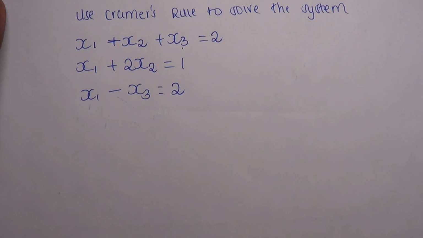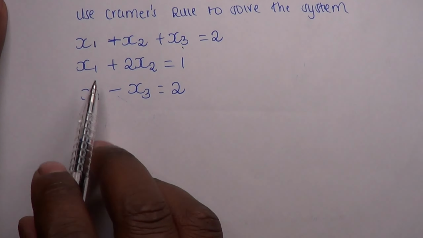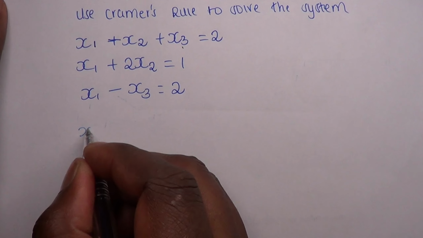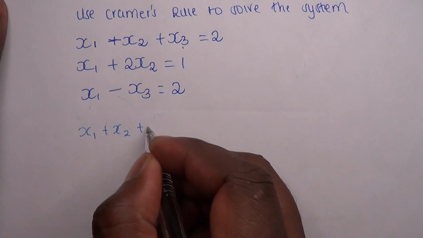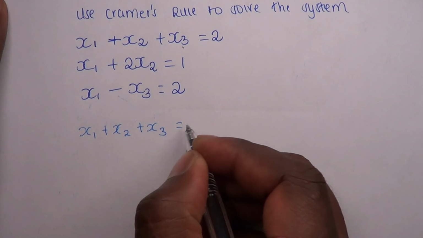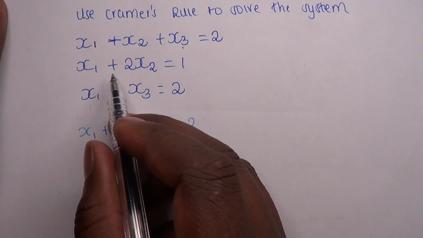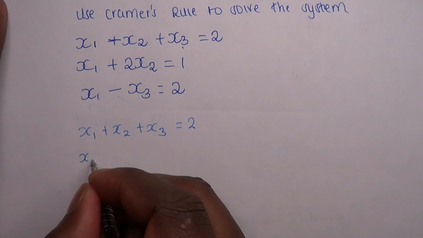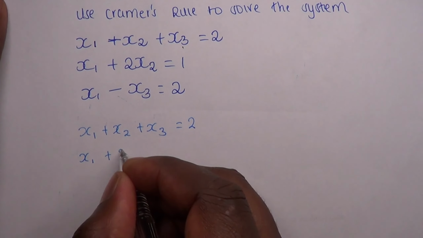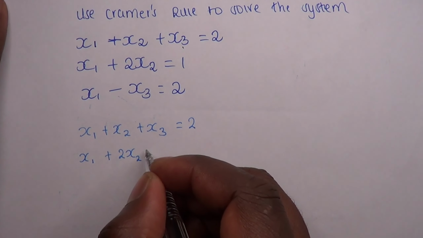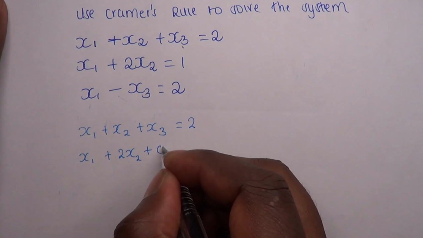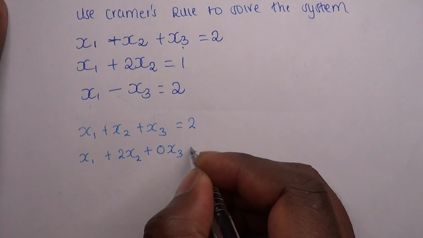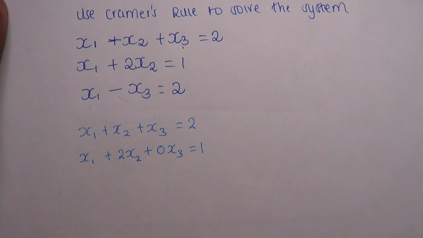So the first thing I need to show you is that we write down x1 plus x2 plus x3 equals 2. The second one is x1 plus 2x2 plus, we don't have x3, so we write 0 x3 equals 1.